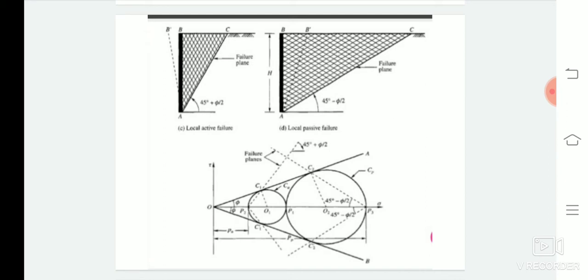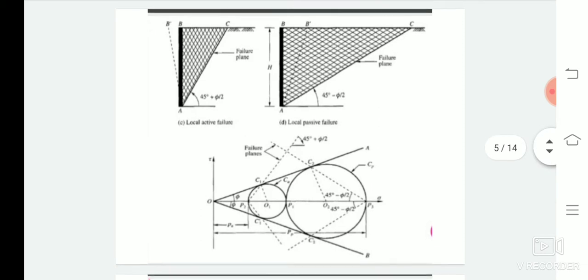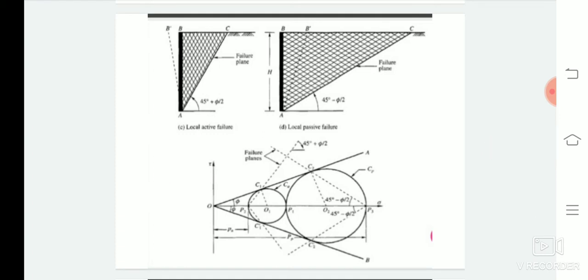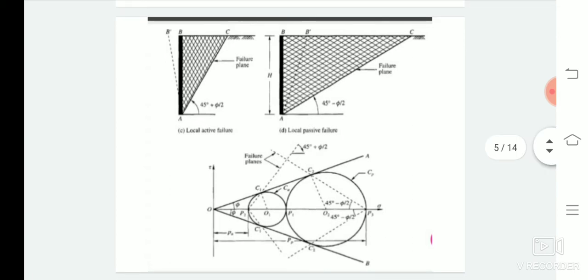Rankine investigated the stress conditions corresponding to those states of plastic equilibrium which can be developed simultaneously throughout a semi-infinite mass of soil. The equations of equilibrium in 2 dimensions are automatically satisfied by the Mohr circle.